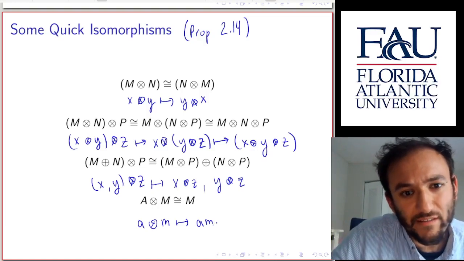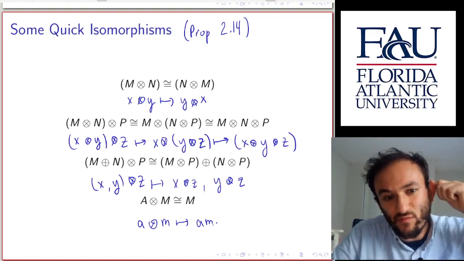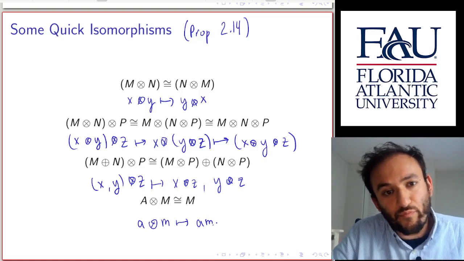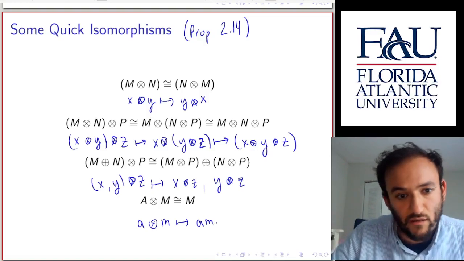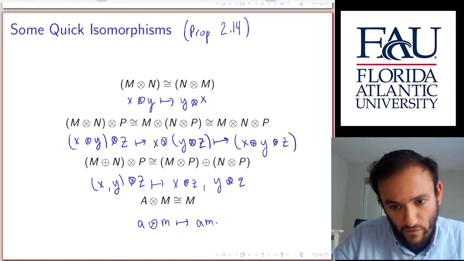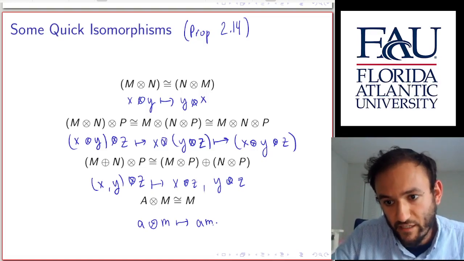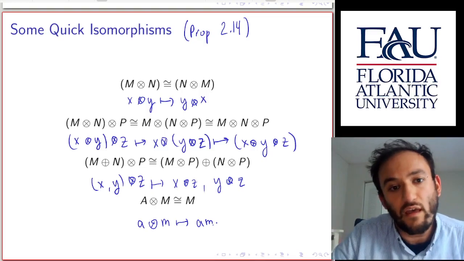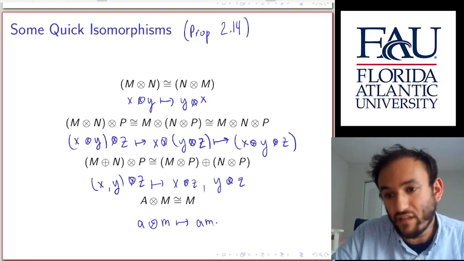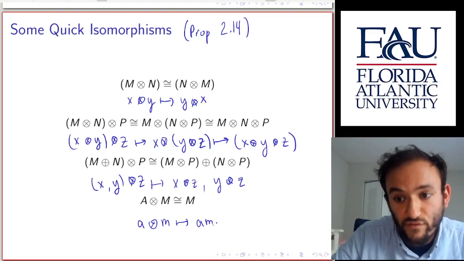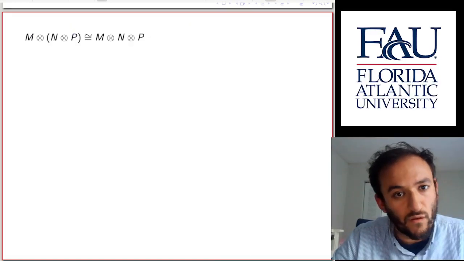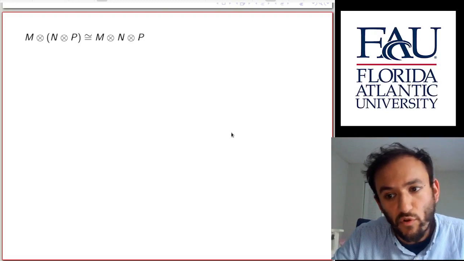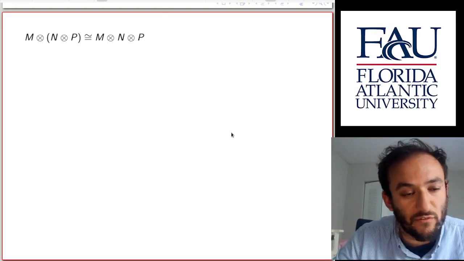Okay, so how do we show that these are actually isomorphisms? For most of it, we just want to use the universal property. So at every point, we assert the existence of some bilinear or multilinear map, and then we show that that implies the existence of a unique homomorphism, which helps us get to isomorphism. So let's explore how this applies in this isomorphism.